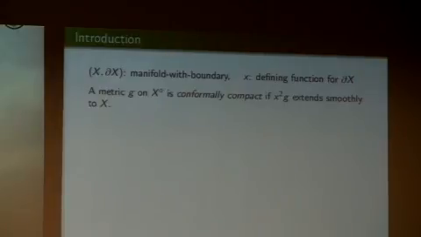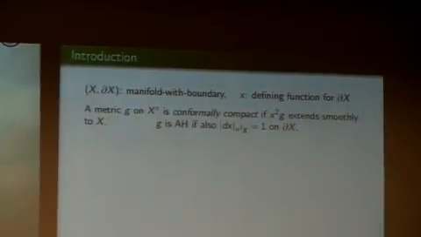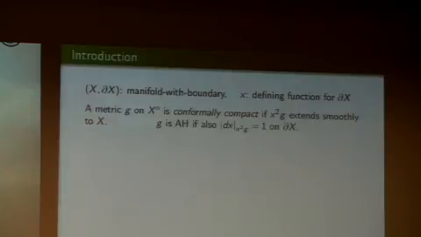So a conformally compact metric is a metric on the interior of the manifold with boundary with the property that if you multiply it by the square of the defining function, that extends smoothly to the boundary. Okay, so there's a special class of these called the asymptotically hyperbolic metrics, which are ones that have a normalization at the boundary.